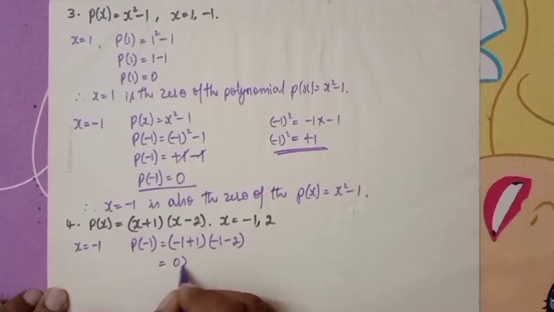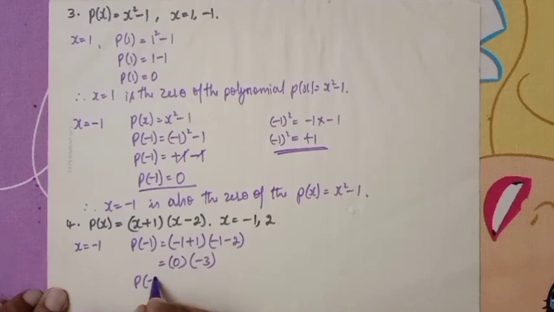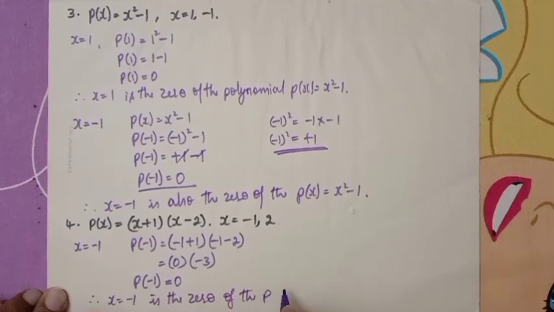So, it will be equal to 0 into minus 3. P of minus 1 is equal to 0, because 0 into anything is 0. Therefore, x is equal to minus 1 is the 0 of the polynomial p of x is equal to x plus 1 into x minus 2.